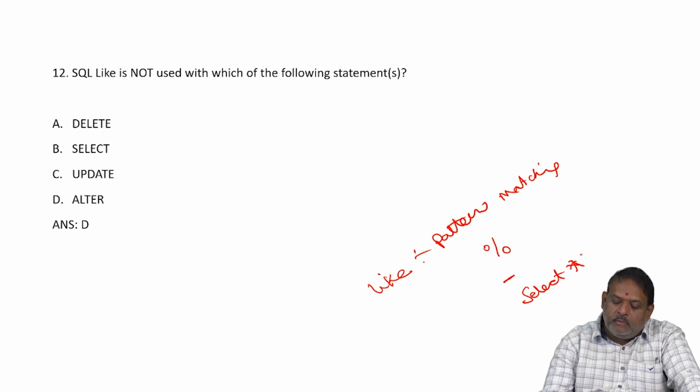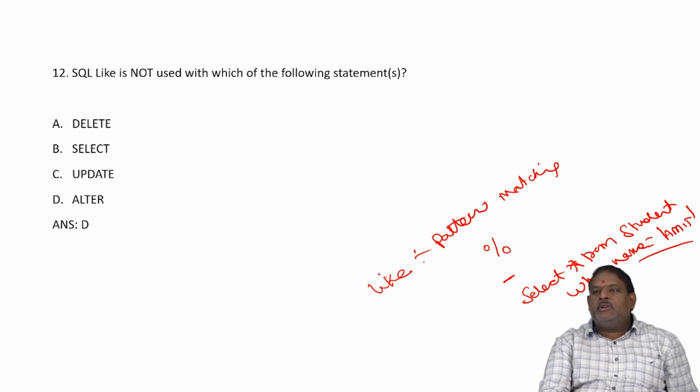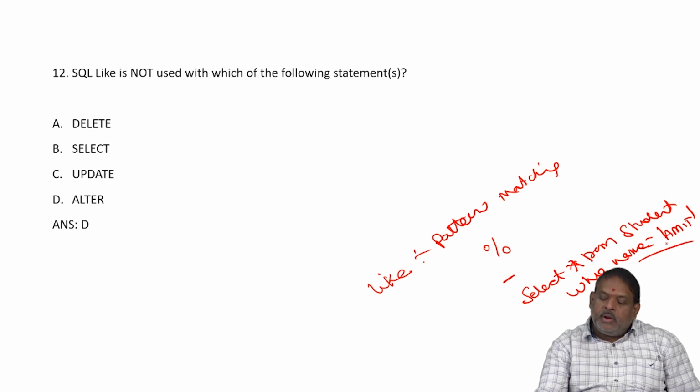select from student where name is equal to Amit. When I write something like this, you know that there is a person by name Amit, so you can get the exact value. Suppose you are not sure about this name.